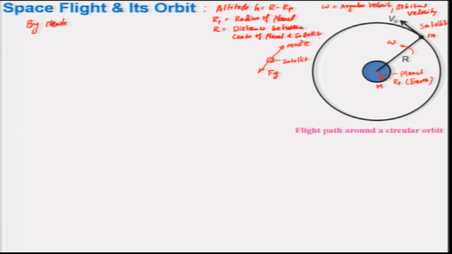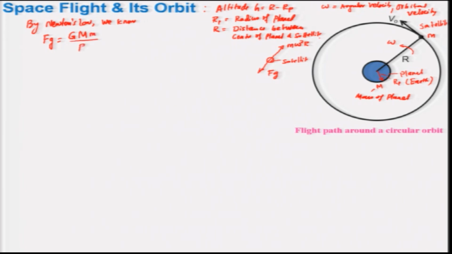By Newton's law, we know the gravitational force Fg will be G M m divided by r square, where G is the gravitational constant, M is the mass of the planet or earth, and m is the mass of your satellite.